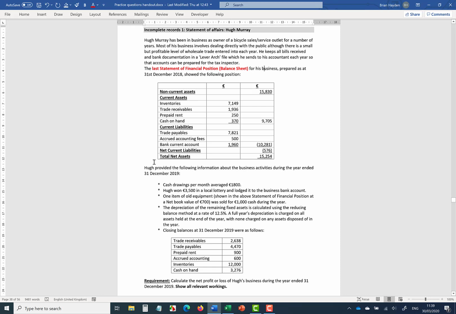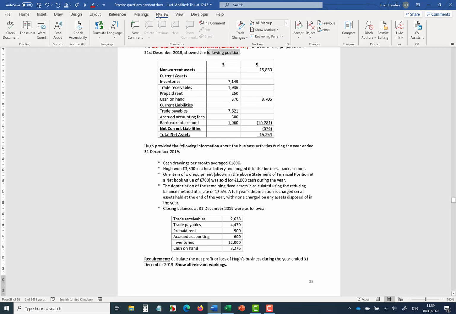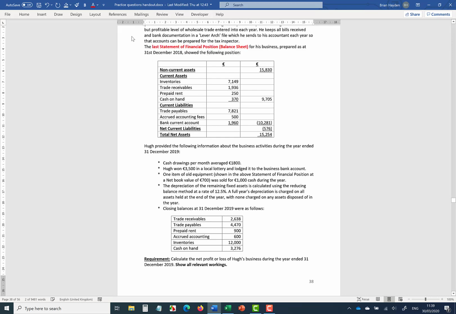Now, one small point that's worth noting is we aren't shown the second part of the balance sheet, which is the capital section. So there's a learning point, probably worth emphasizing, that you would normally need to know the elements of a balance sheet.